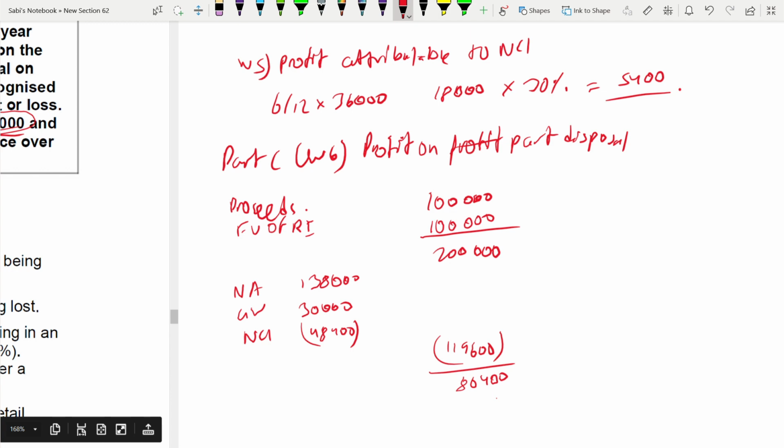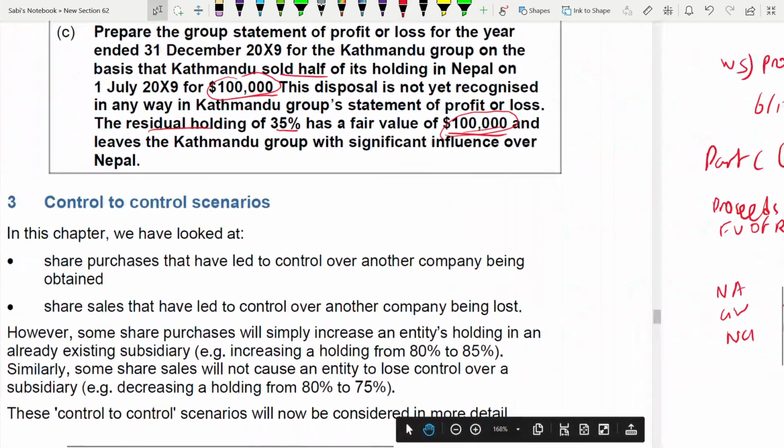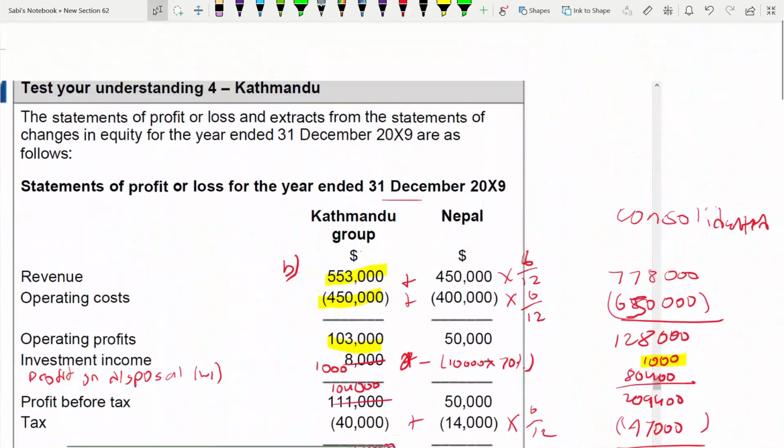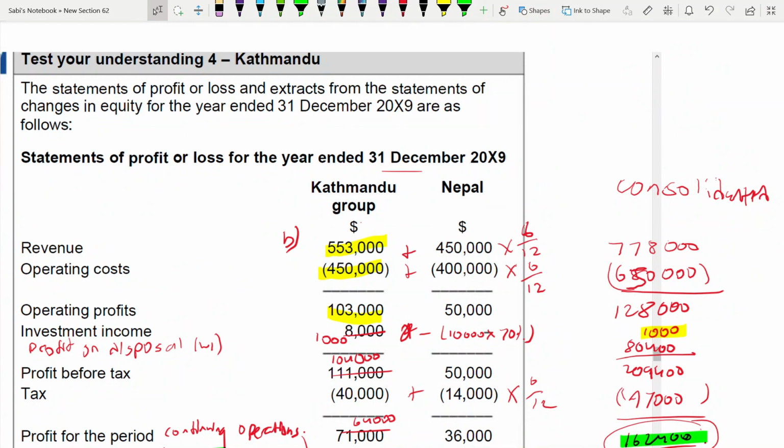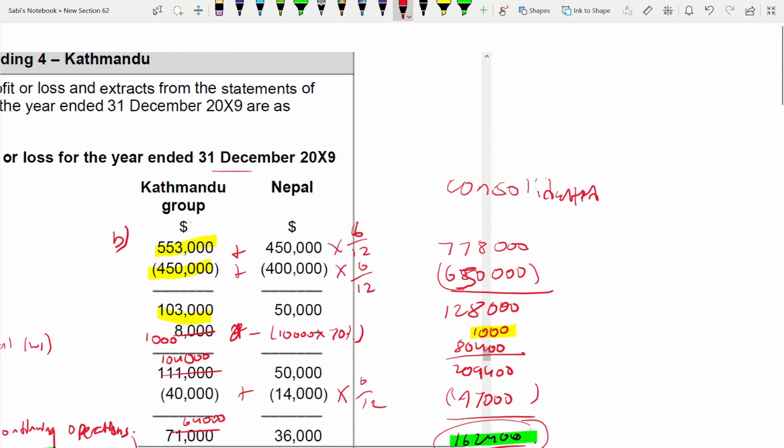But now, okay, we have to show it. We have to consolidate. So when we are consolidating, same way how we have done for part A, 553 plus 6 months of 450,000, which is 778. Next will be 650, then 120, then 1000.